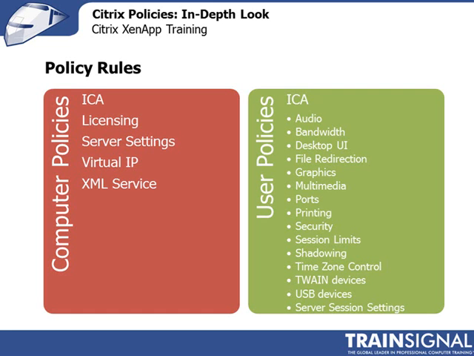And then you have the user policies. User policies will always apply to incoming users or incoming sessions into the XenApp server, and those will also have different categories. You have one main category, so to speak, but you have a lot of subcategories under that, and you'll notice they are all listed here. So, are you guys ready? Let's go ahead and dig into Citrix policies.